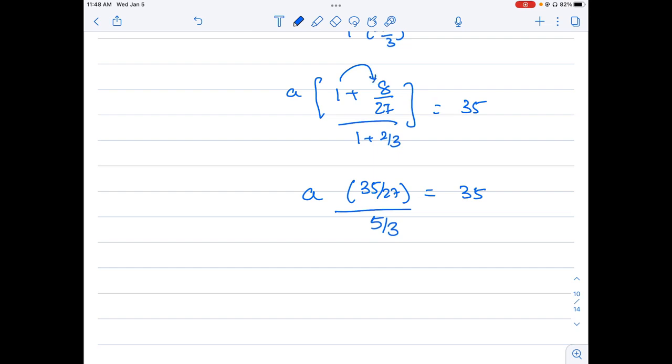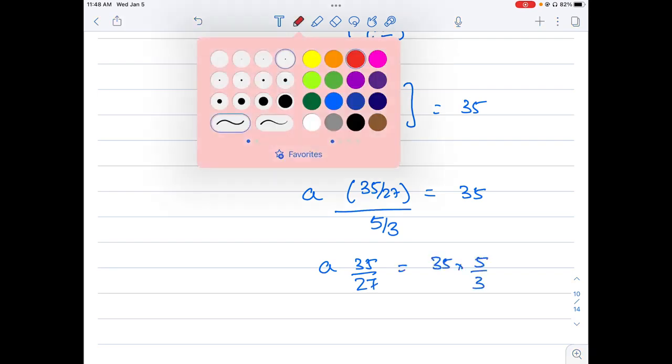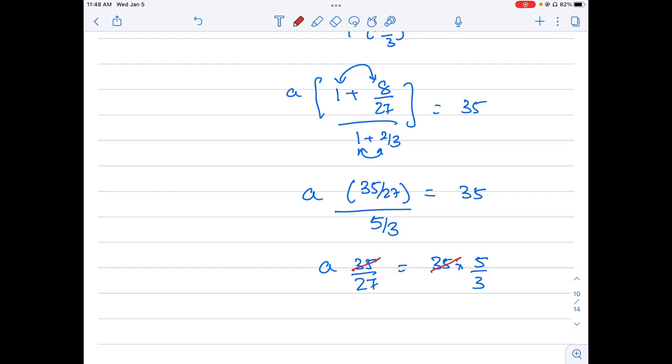Because 1 + 8/27 is 35/27, and 1 + 2/3 is 5/3. So a times 35/27 equals 35 times 5/3. So 35 can be cancelled. So a equals 5/3 times 27, which gives me a value of 45.